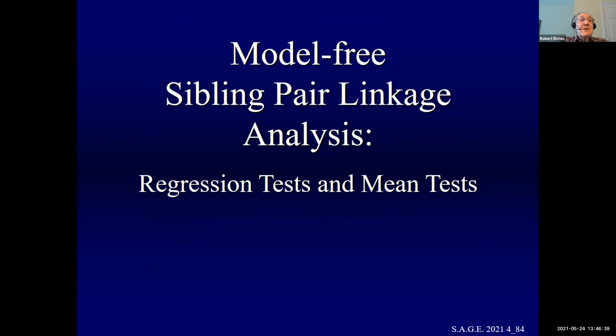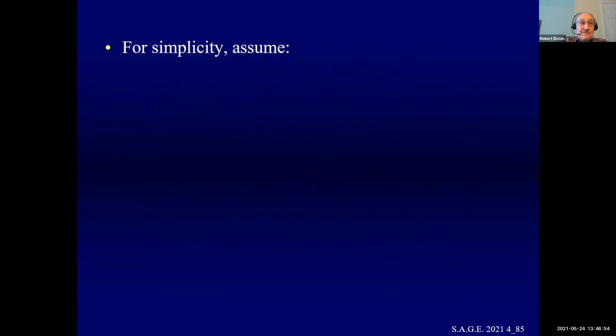Let's talk about model-free sibling pair linkage analysis. We're going to talk about regression tests and mean tests, both of which are available in SibPal. Just for simplicity, let's look at a simple example. Let us assume a trait with only additive genetic variance. Okay. Now, remember, we're estimating quantitatives relative to our sample and not the population.